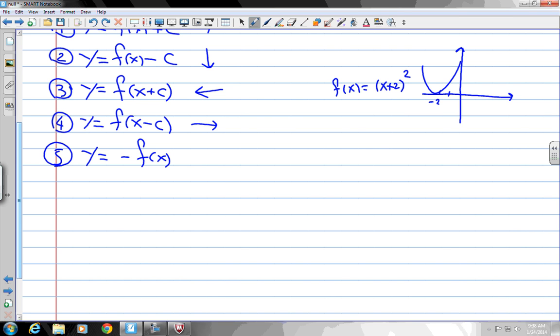We're messing with the function, right? So that means we're messing with the y values. So all it says is change the sign of your y value. So the positive y becomes negative and the negative y becomes positive. So the flip occurs around the x-axis. So we're going to flip vertically. So flip around the x-axis, or reflect.